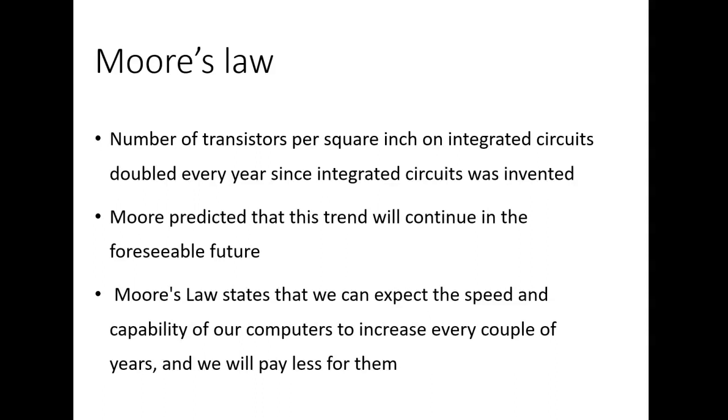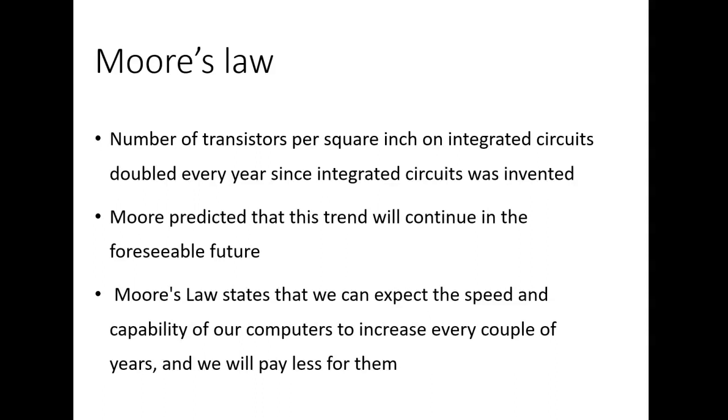The speed and capacity of our computers increase every couple of years, and we will pay less for them. According to his concept, this was true, and it has been observed like this. As the number of transistors increased, the price was reduced, and there was competition between the companies to increase the number of transistors and reduce the cost of computers.